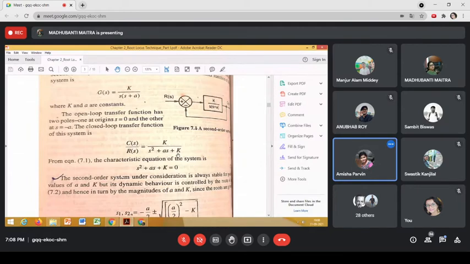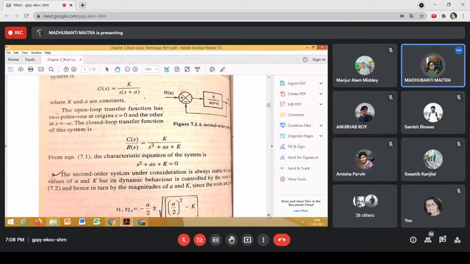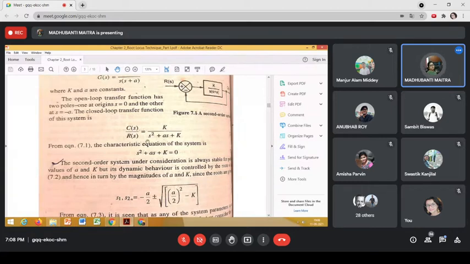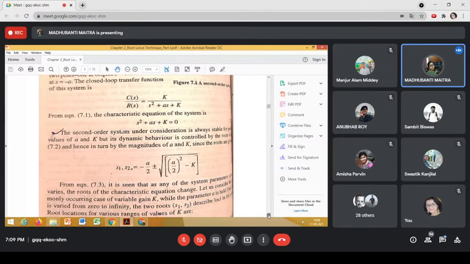So this is our closed loop transfer function, and this is the characteristic equation: s square plus a s plus K equal to 0. Now we can solve for the roots, and obviously the roots will be functions of K. Again I repeat, a is constant.